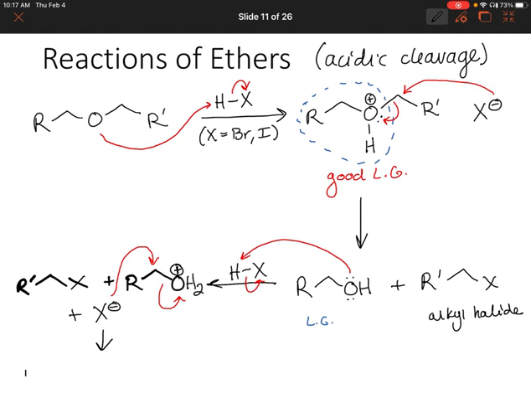So at the very end, we get an alkyl halide plus another alkyl halide. It just kind of depends on what that alkyl group is, and water.